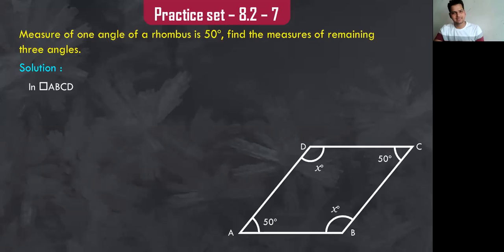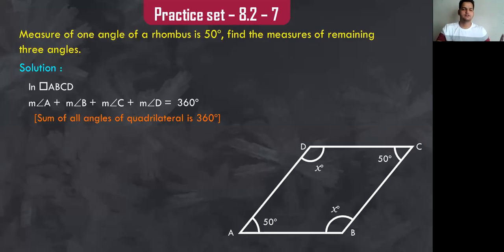The same is applicable on our quadrilateral ABCD also. Yes. So in quadrilateral ABCD, measure of angle A plus measure of angle B plus measure of angle C plus measure of angle D will be 360 degrees. Reason, sum of all angles of a quadrilateral is 360 degrees.